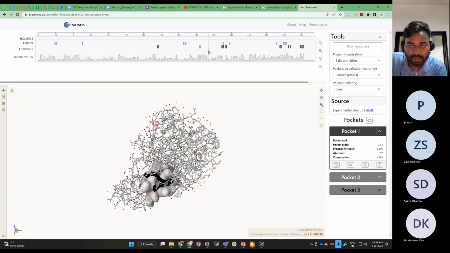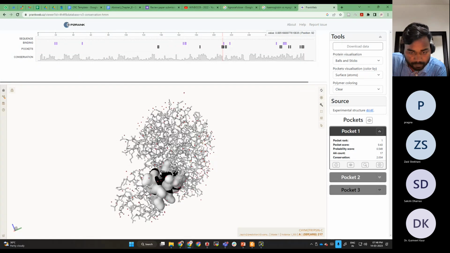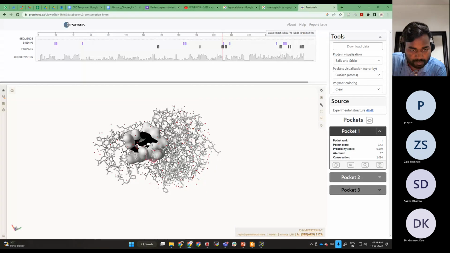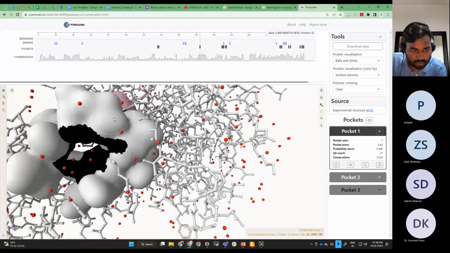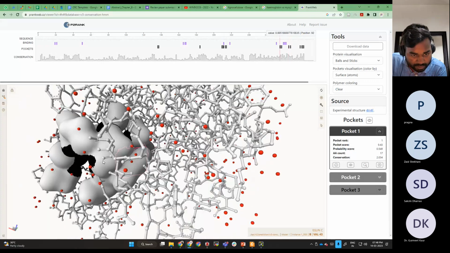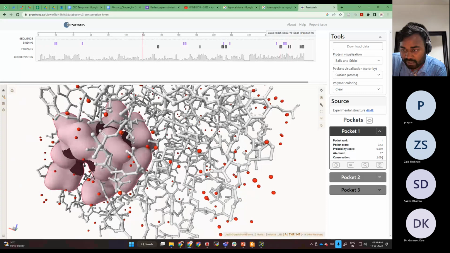Then in the binding site itself, you will find one more. Let me zoom. Which is this amino acid? This is crystal water. This amino acid is arginine 53. So in this binding pocket, there are a total of 17 amino acid residues.